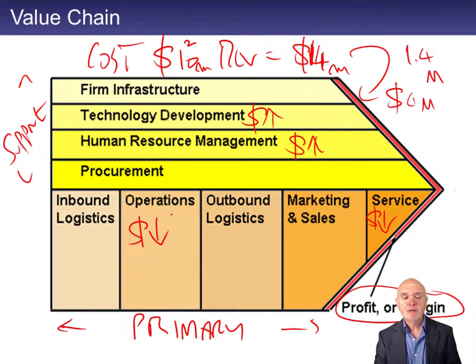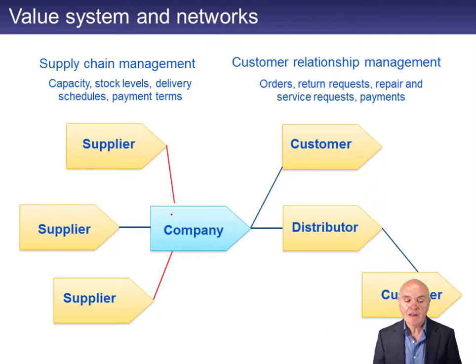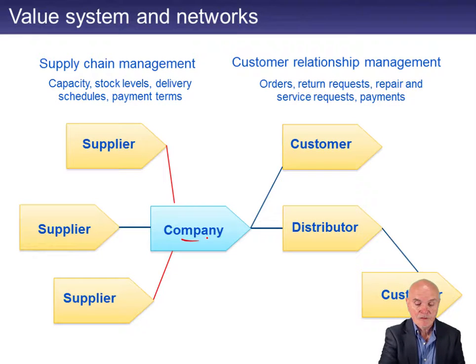But of course, no business is an island. Most businesses fit into what's called a value system or a value network. So here is ourselves, and we are in turn getting from various suppliers. We might be selling directly to a customer, sometimes it'll go through a distributor to a customer.